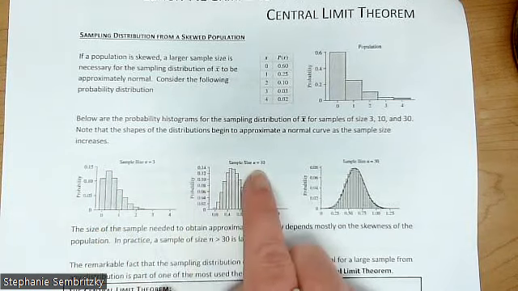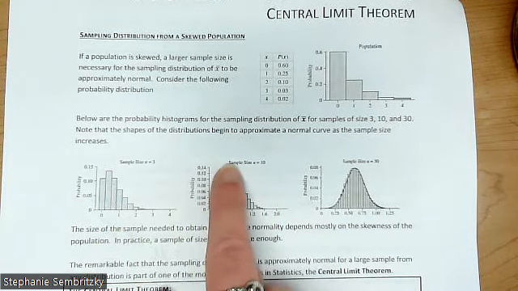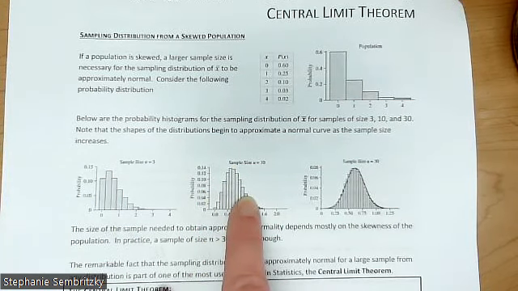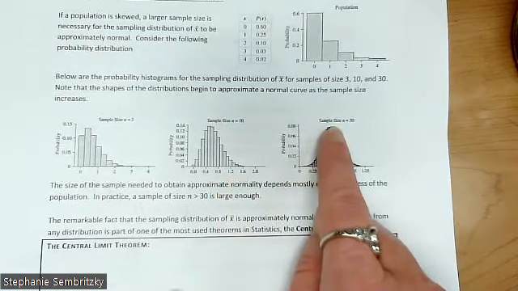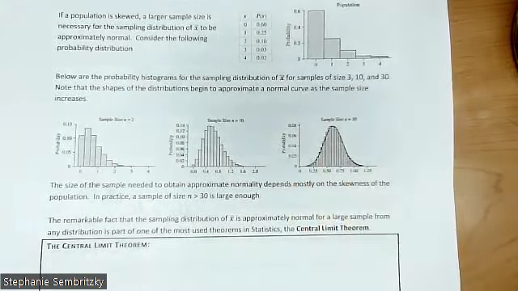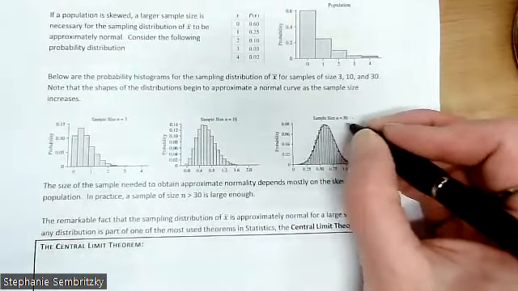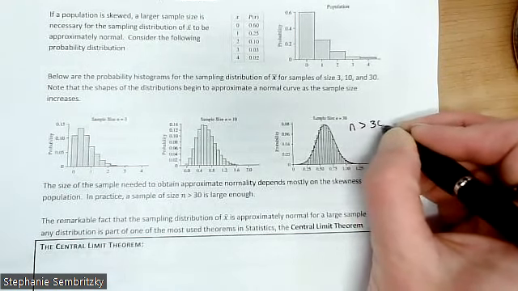If I move to a sample size of 10, we notice it's starting to get a little bit closer together, but it's still a little bit skewed. What happens when I reach a sample size of 30? What do we call that picture? Normal.